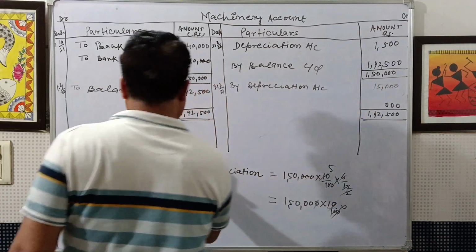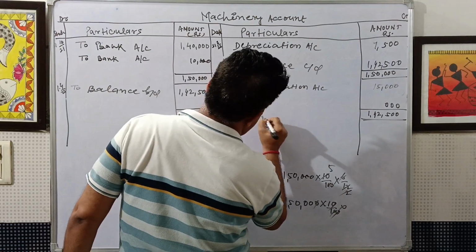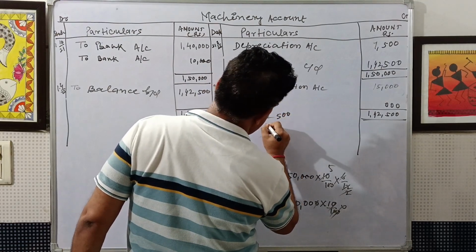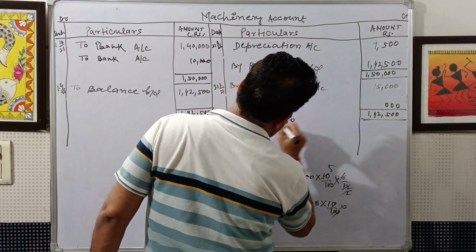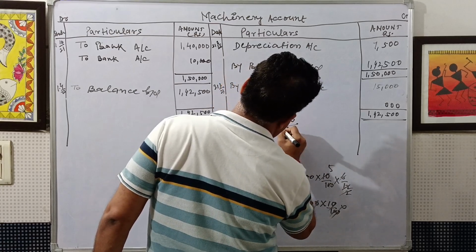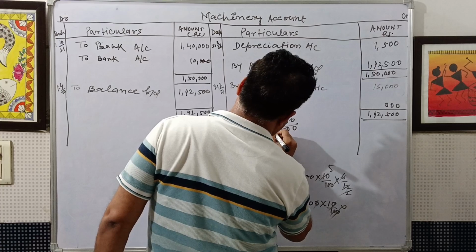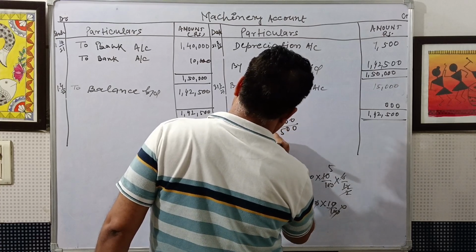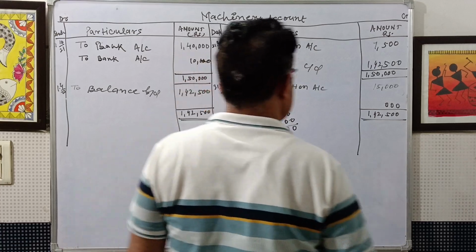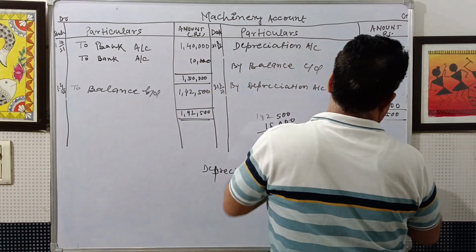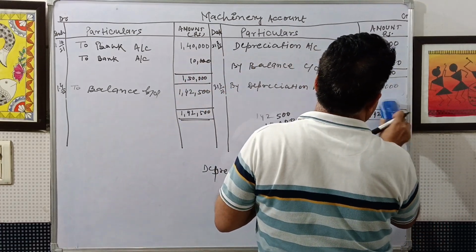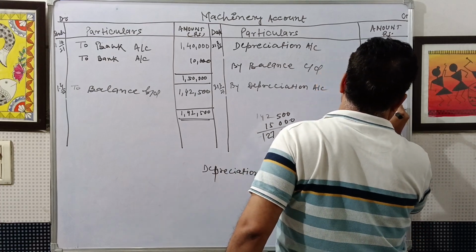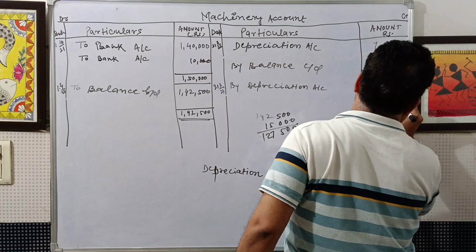It means 1,42,500 minus 15,000, so 1,27,500.